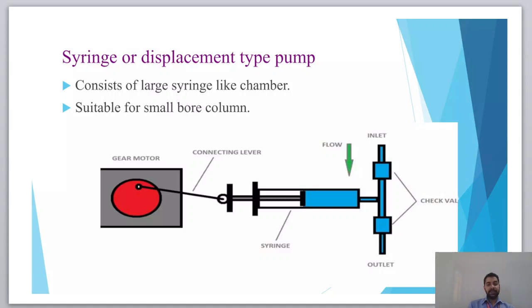Then after putting the pressure onto the handle of this, the solvent moves out from the syringe. Suitable for small bore column, means this type of pump can be used for small column.